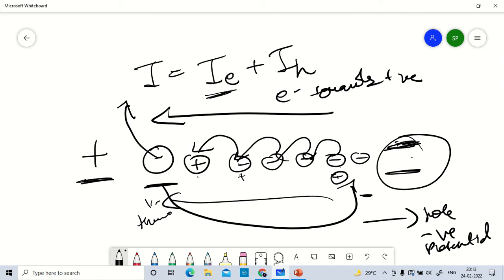When there is a hole over here, this electron wants to go and take the place of the vacancy, to fill the vacancy basically. If the electron has gone, the vacancy has a positive charge, and this negative charge wants to go and fill that positive charge or the hole, which is vacant. So it goes and it recombines.